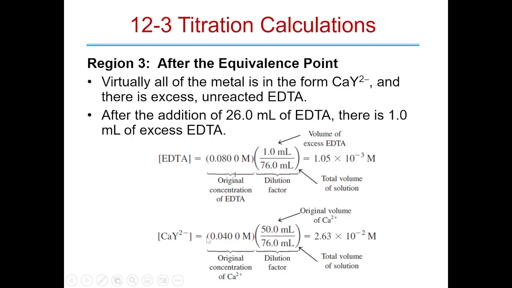So again, all of the calcium is in the bound form, is what you're assuming at this step. You take the original calcium concentration times the equivalence point volume, 50, divided by the total volume for the dilution factor, and that gives you your concentration in the bound form.